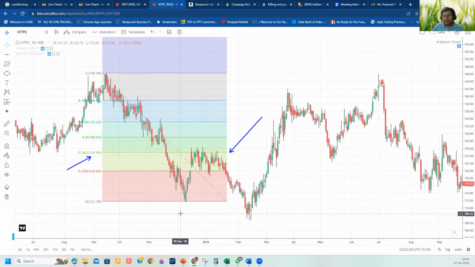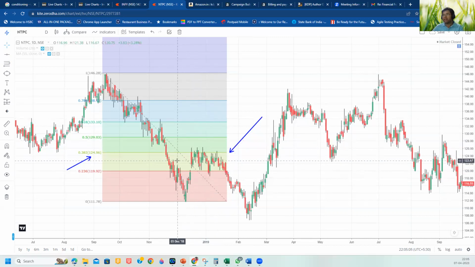Once you have that knowledge about retracement, you will not feel nervous in the market. You can wait patiently, and either it takes resistance again from 38% and goes down, or maybe takes resistance at 50% also.